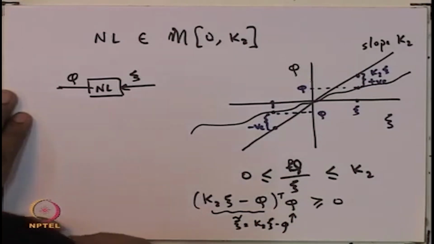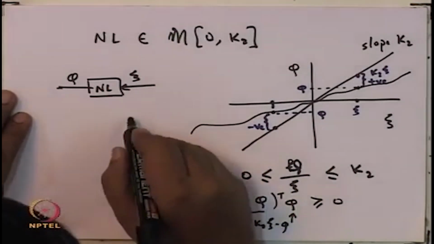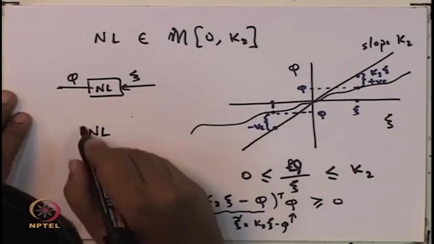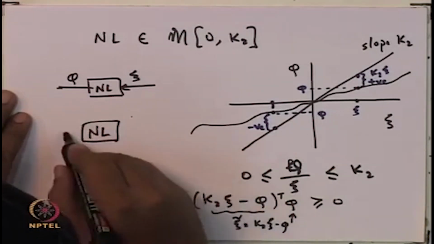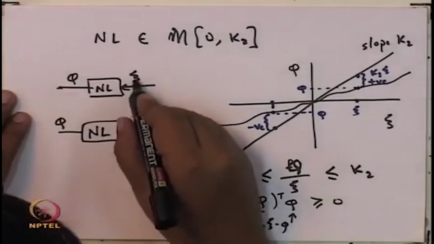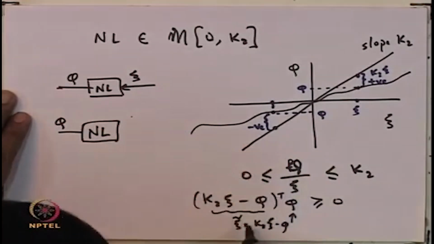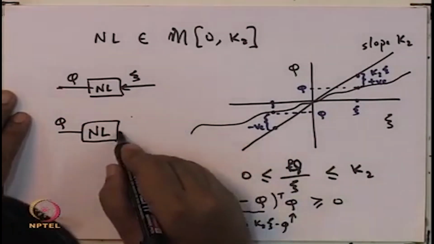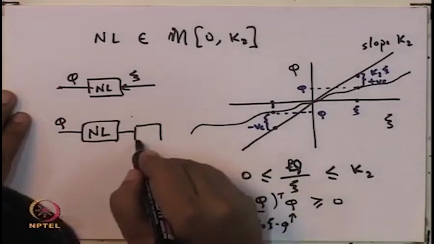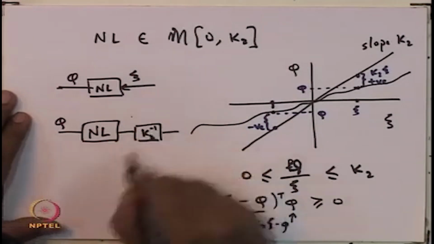Well, I could take this nonlinearity, the output is still going to be the same phi, but the new input is going to be this psi tilde. But let me do the following. Let me put a gain here which is K2 inverse.